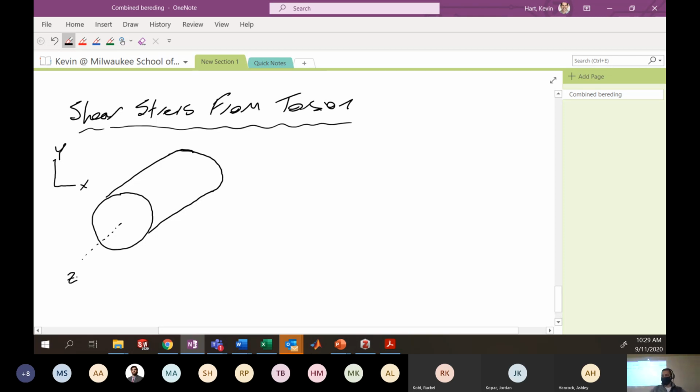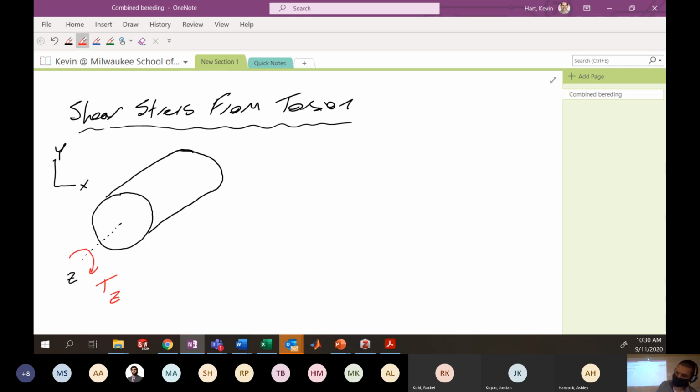Then we can apply torsion and represent torsion in two ways. A lot of times you would see it as a curved arrow with a capital T. Here, this would be TZ, torsion in the Z direction. But in this class, I'm not going to use this curved arrow. I'm going to use the double arrow notation. When we think about turning this particular beam, my double arrow is going to point in the direction of my thumb by the right-hand rule.